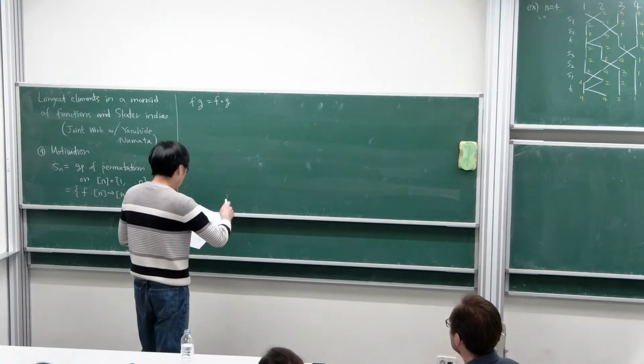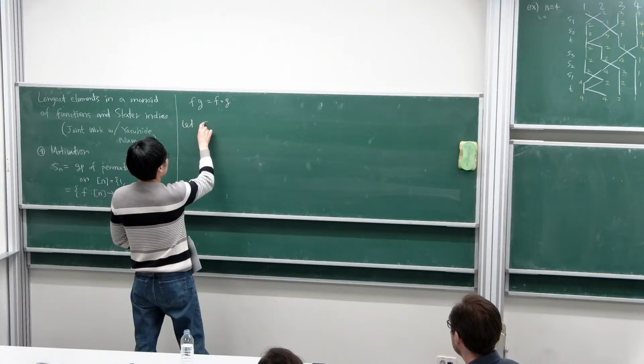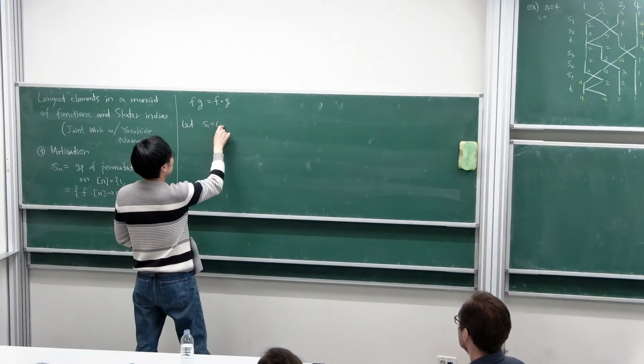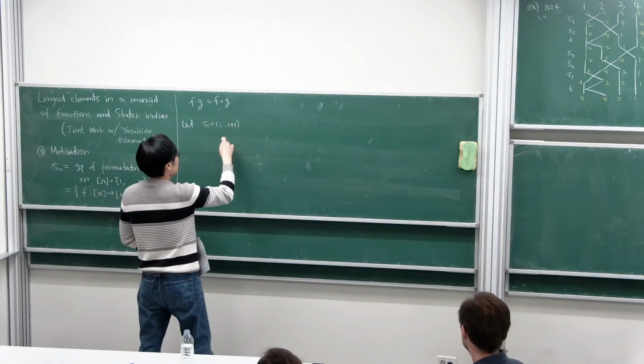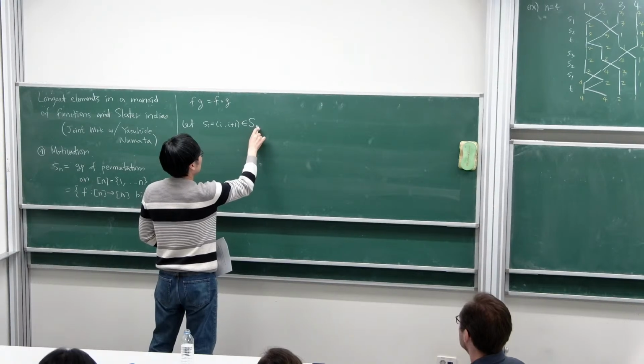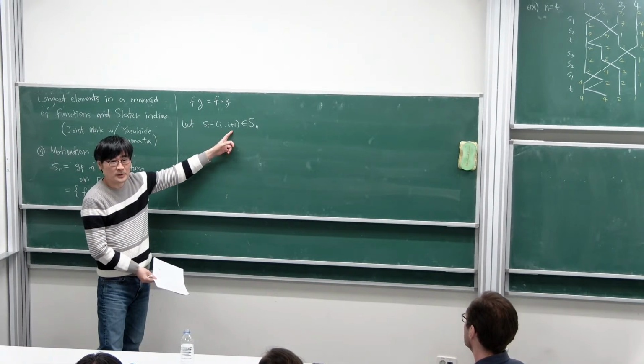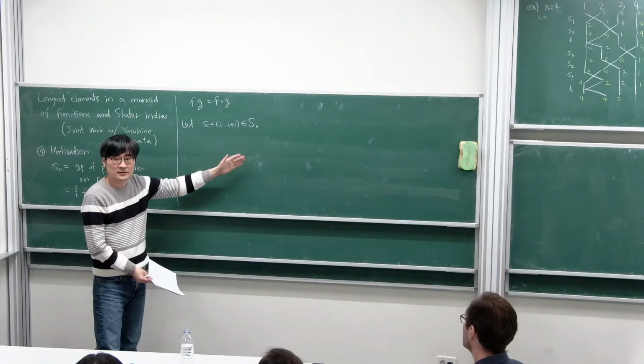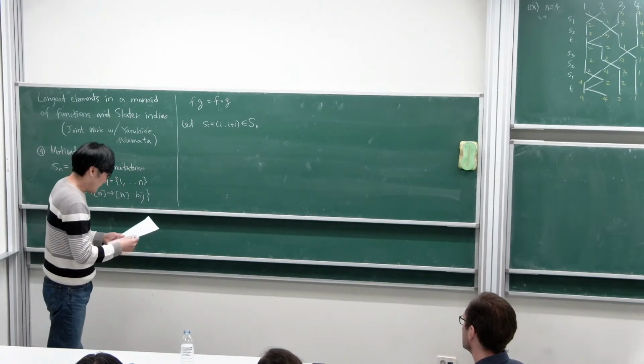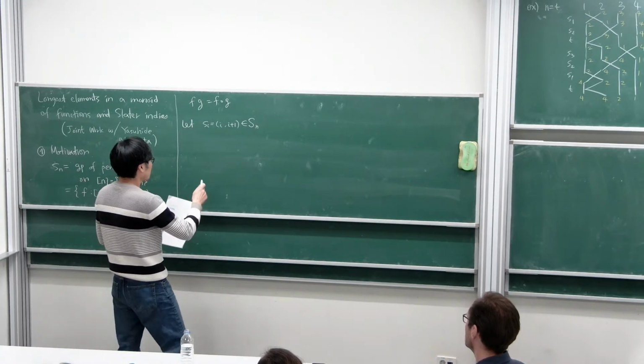And let s_i be the simple transposition in Sn. This means it sends i to i+1 and i+1 to i, and it sends the others just to themselves. This is called the simple transposition.